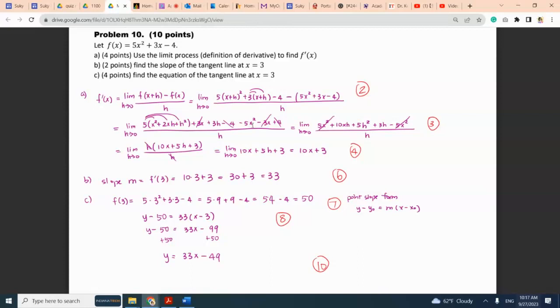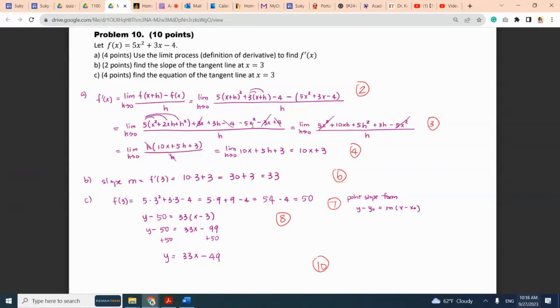So, yeah, problem 10 is like the quiz, right? We use the limit definition to find the derivative. You can use the power rule to check your answer. Remember power rule? 5 times the derivative of x squared is 2x. Derivative of 3x is 3. Derivative of minus 4 is 0. See?